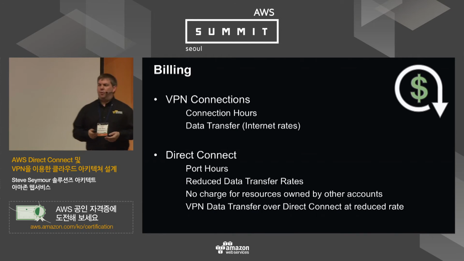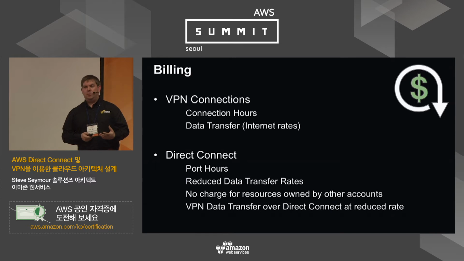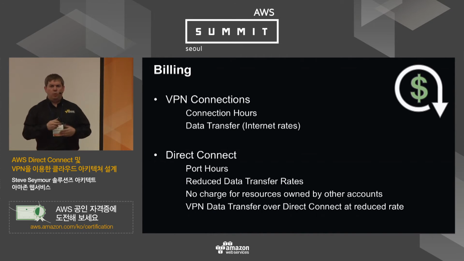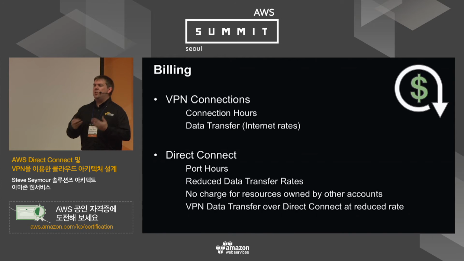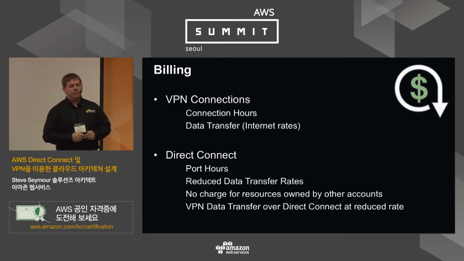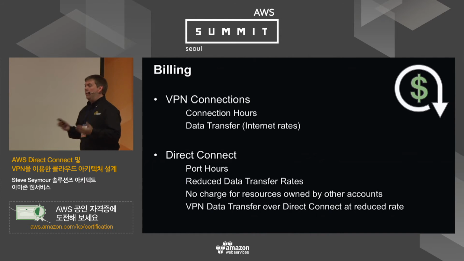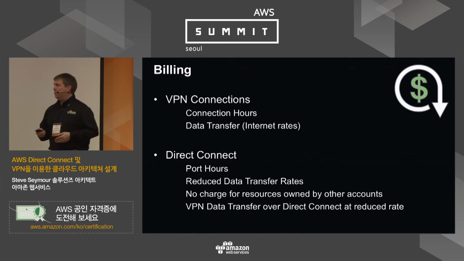Direct Connect is slightly different. We charge you for the port hours, and what this means is when you create a Direct Connect connection, it may take you a few weeks to get the equipment in place, to install all of the connectivity, but we don't start charging you until that connection comes up for the first time. Once it has come up, we start charging you for the amount of hours that that connection is now available to you, whether you're using it or not.